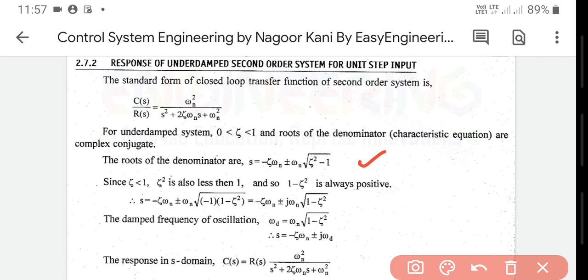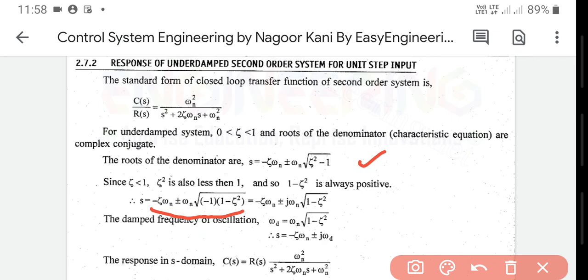So you have framed the formula as S is equal to minus zeta omega n plus or minus omega n into square root of minus 1 into 1 minus zeta square, where square root of minus 1 is j.